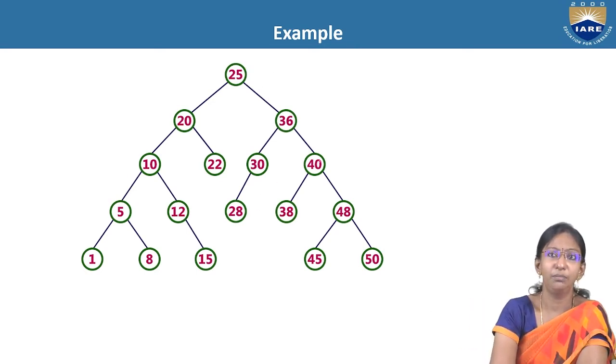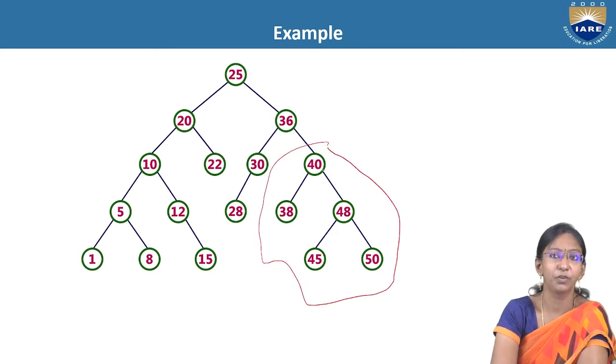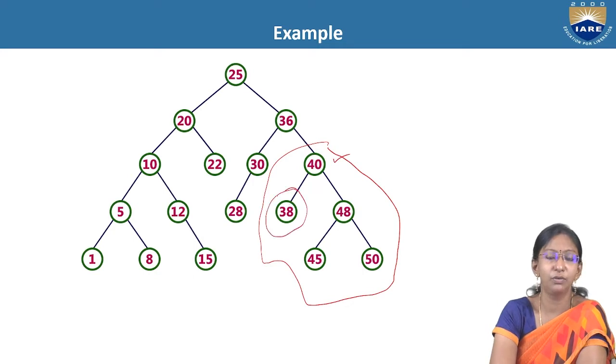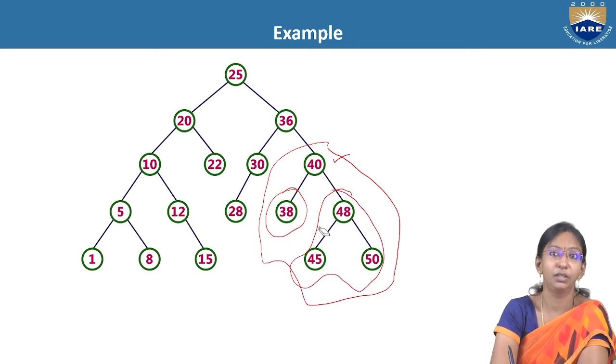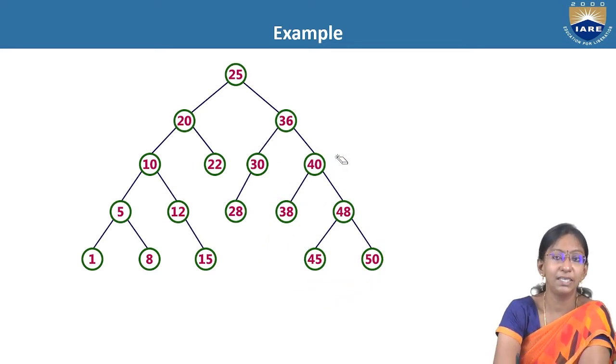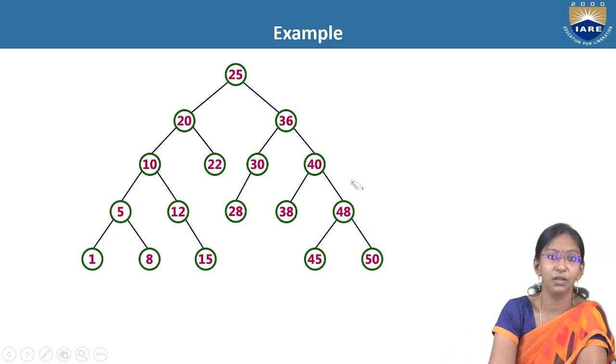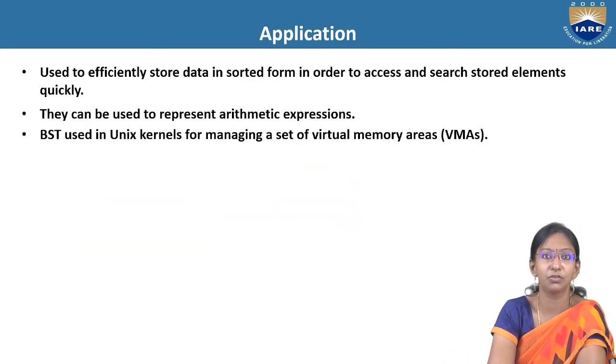Let me take a random example of this subtree which is headed by 40. Its left value is 34 which is less than 40, and its right subtree values are all greater than 40. This property is recursive in nature. Such a tree is a binary search tree.